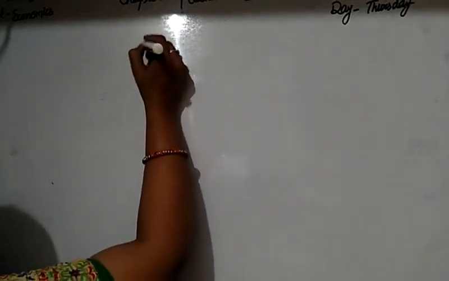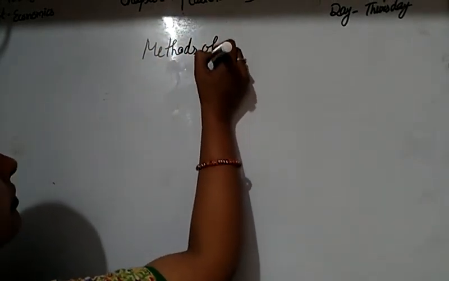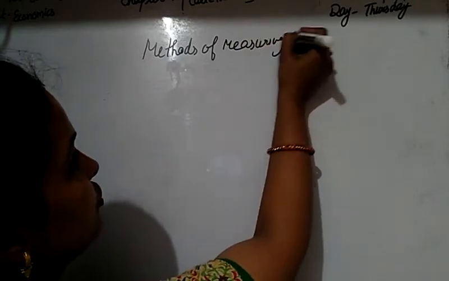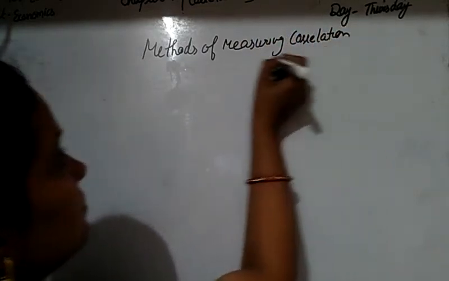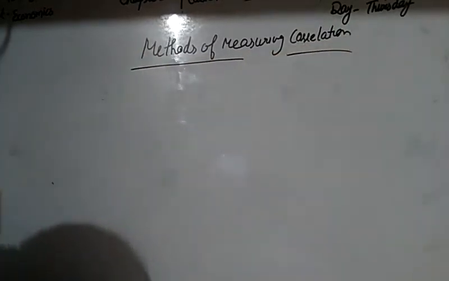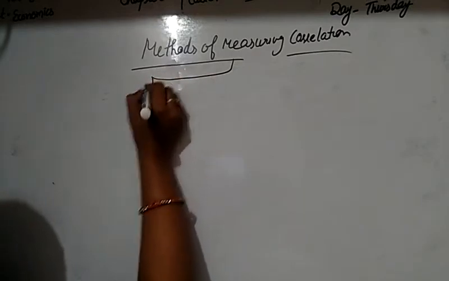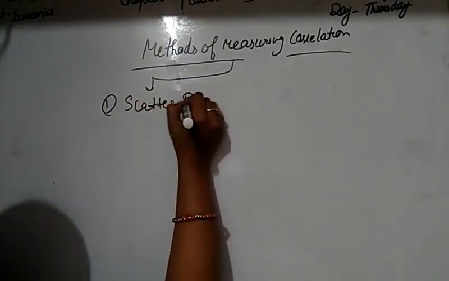Next is methods of measuring correlation. So methods of measuring correlations, two methods are there. First is scatter diagram.